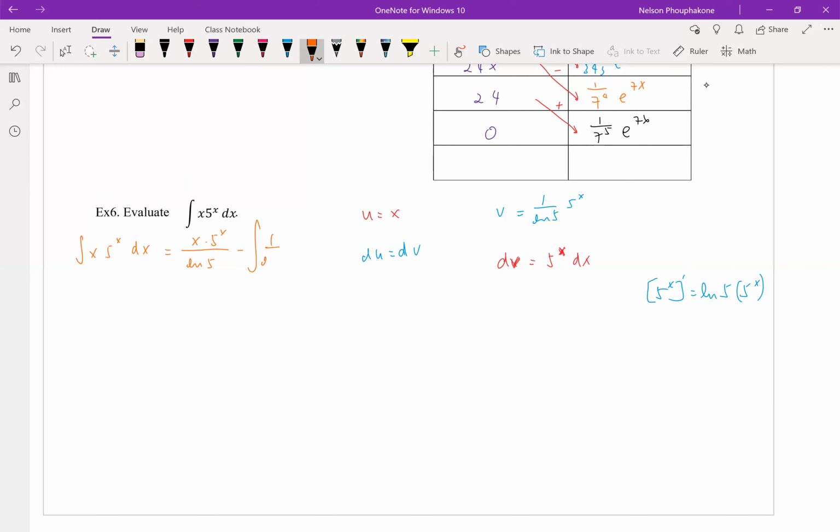So I will have 5 to the x over natural log of 5 dx, okay? Okay, so this is what we have. Then, of course, right now we are going to have x 5 to the x over natural log 5 minus, let me take out this.